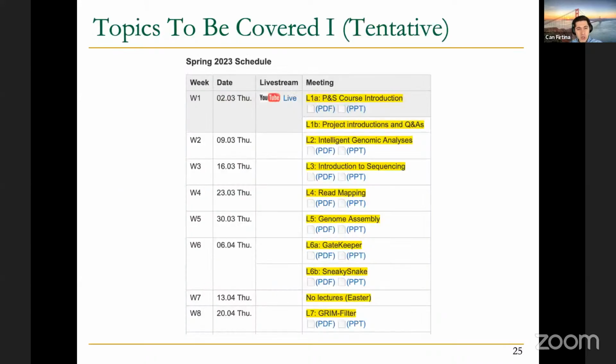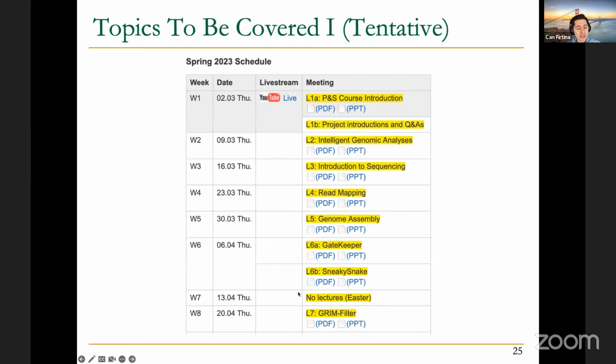So let me show you again the tentative schedule that we're going to be covering this semester. We're going to be essentially starting with the basics of genome analysis. We're already covering the first one, which is the introduction to this course. It's not really including the basics of genome analysis, but starting from next week, we're going to be seeing the basics of genome analysis.